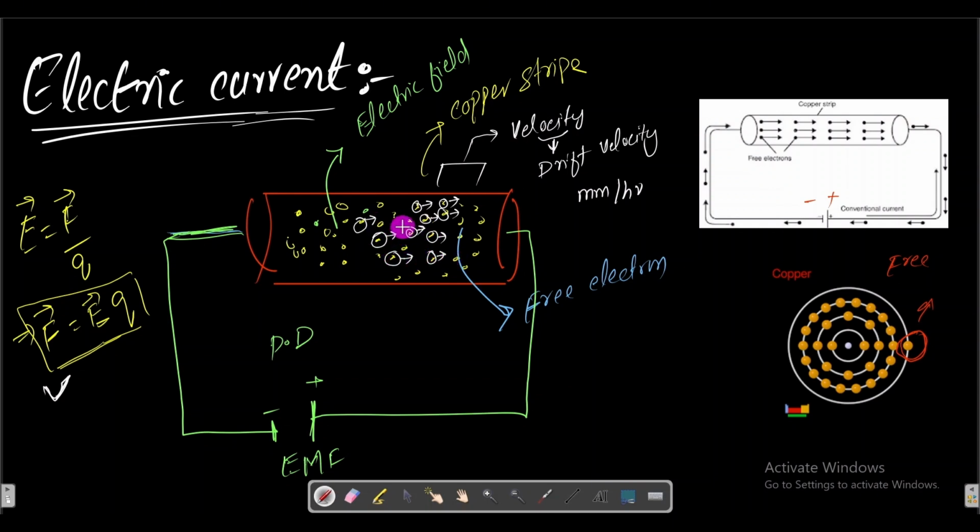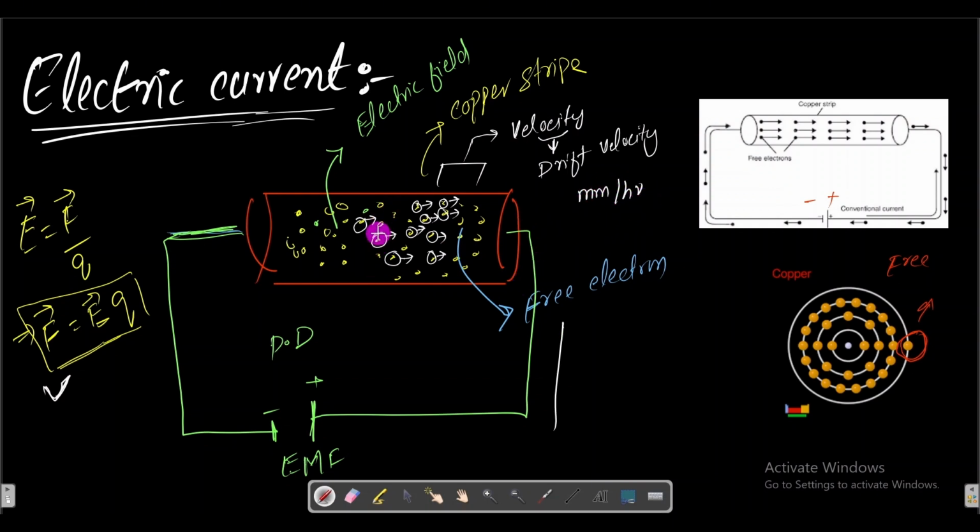That electric field must be the same everywhere inside the strip, and due to it the force F will be exerted on each and every free electron, and due to that force these electrons start moving from one side to another. The displacement covered by the free electrons per unit time is called velocity, and in this case the velocity is slow, so we call it the drift velocity.